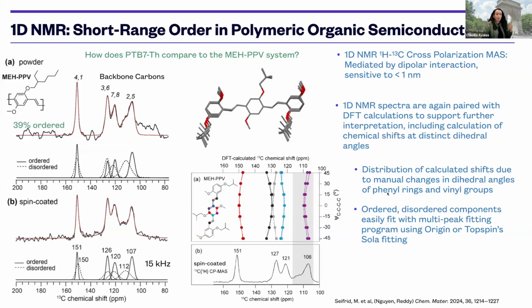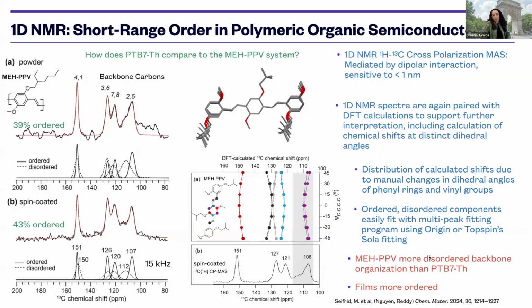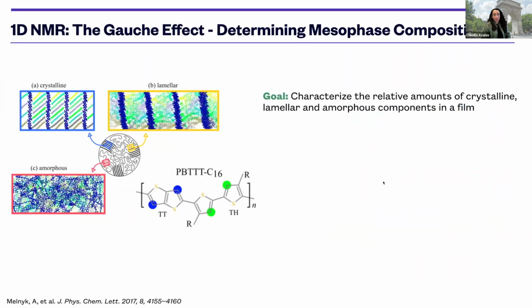And so once again, with just 1D NMR combined with DFT studies, you can start answering some questions about the degree of order and disorder in your film versus your powder, right? So here's something on the order of 39% is what they determine, and 43%. And so what they find is that MEH-PPV is more disordered in the backbone organization than PTB, and the films in general are more ordered for this class of systems in the way that they were made in this system.